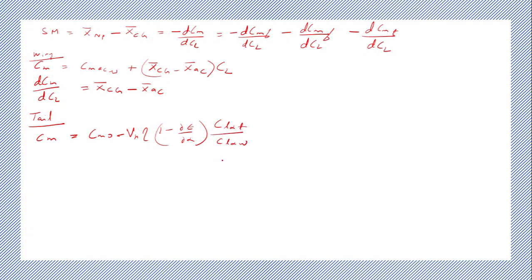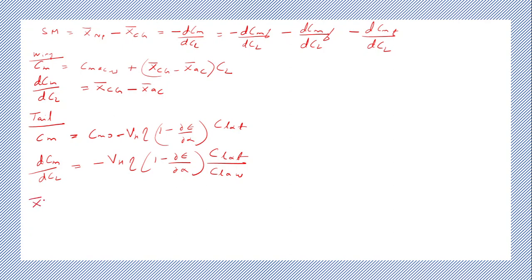Correct? The fuselage, we'll leave it as such because that is what is given to us in the equation. Now we substitute these terms back here. And now when you do dCm upon dCl, you get minus VH eta 1 minus d epsilon by d alpha, CL alpha tail by CL alpha wing. Okay, now you substitute these quantities into your main equation.